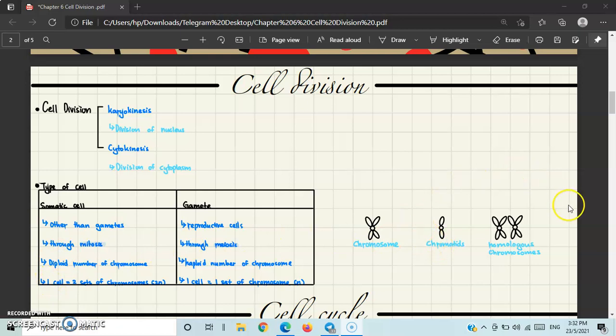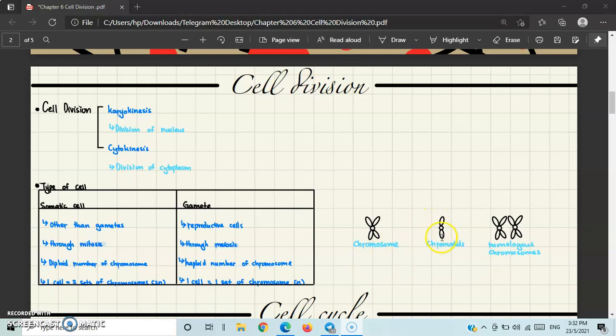Okay, so look at here. These are the three forms of the chromosome. All of these are chromosomes, but I want you to know the shape of that. If you look at this diagram, this is called a chromosome, or you can call it sister chromatids, with the S. Here refers to the chromatid.